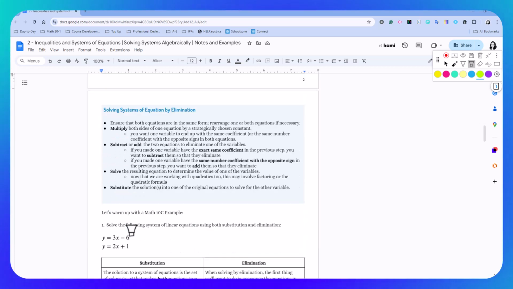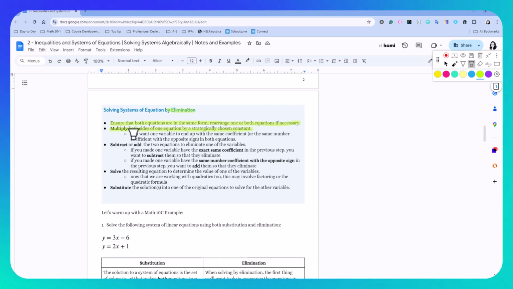The other one is elimination or addition. This involves a little bit of algebra up front. We're rearranging both equations if necessary because we want to line up the variables. The next thing we're going to do is multiply both sides of one equation by a strategically chosen constant. You want one variable to end up with the same coefficient.